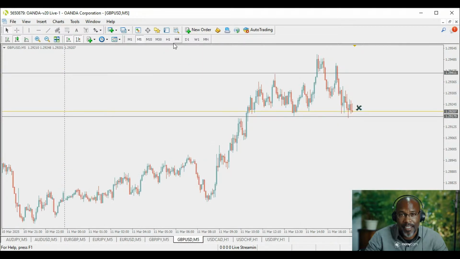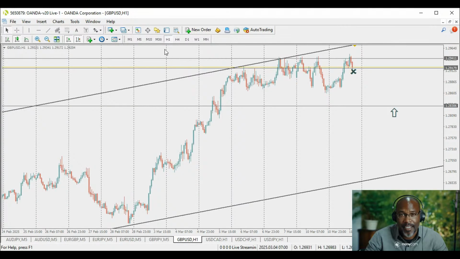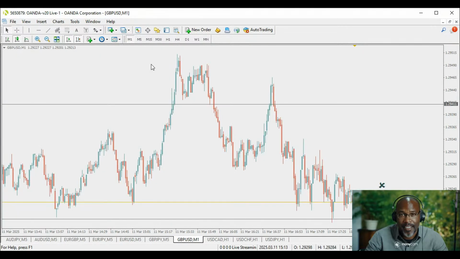Though presently the immediate trend looks bearish.